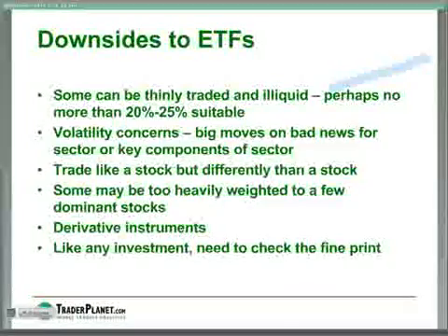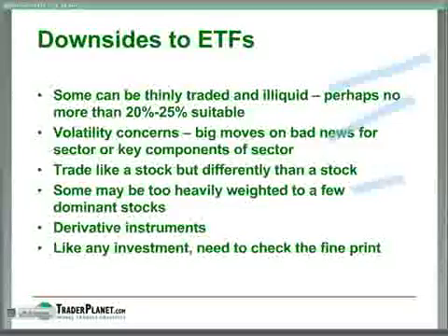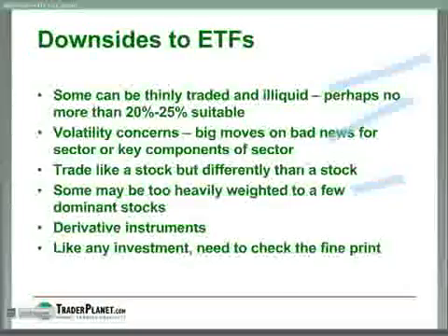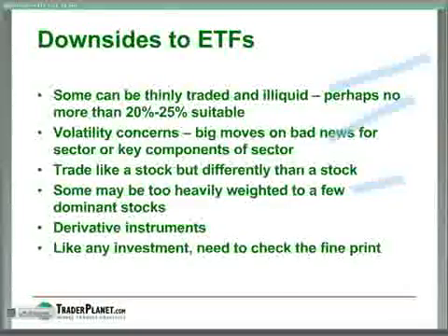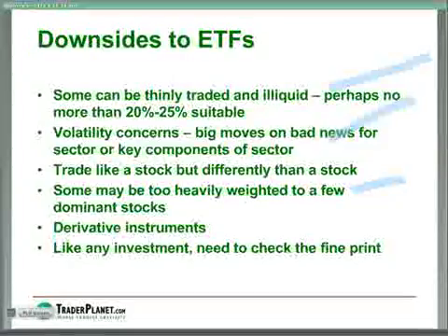When you're looking at the volatility, you also have to remember that it could be a big move that comes on bad news for a sector or some key components of a sector. Let's say that you have a situation here, as I pointed out a couple of points down below, where you have a few dominant stocks that determine the actual level of the ETF.